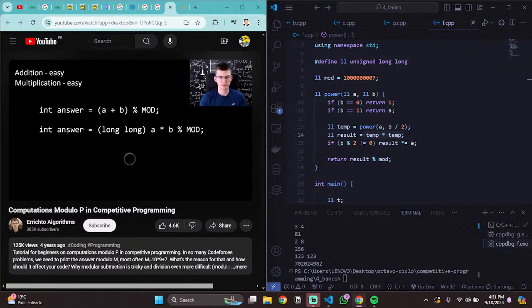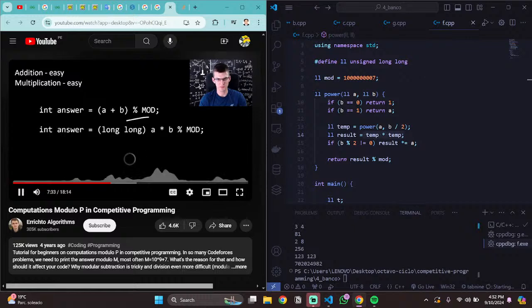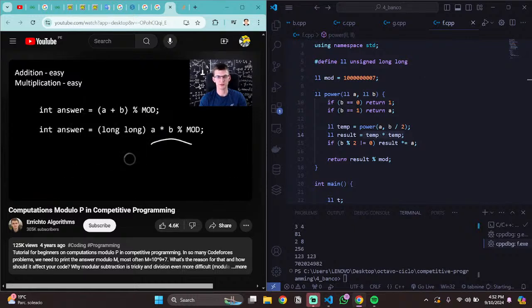Generally, if we have a and b, both are in proper interval from 0 to mod minus 1. If they are already not huge, we don't need to take them modulo. And addition and multiplication are very easy. It's just a plus b modulo m and a times b modulo m. Just remember about casting to long long if you use ints, and assuming that mod is around billion.